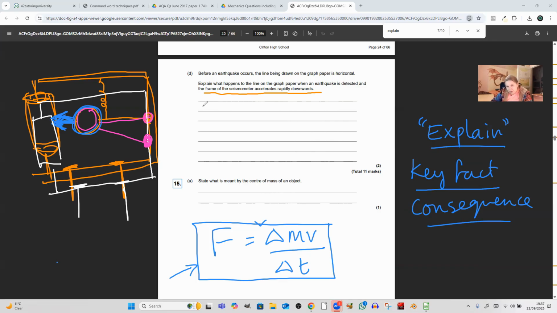So what's our key fact? The key fact is that the frame and the paper drum all move down.